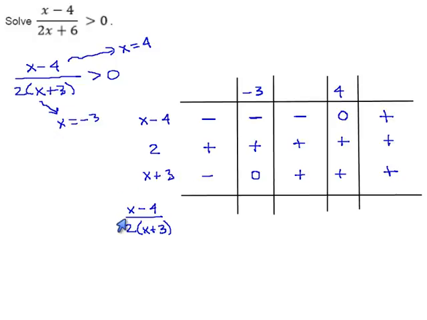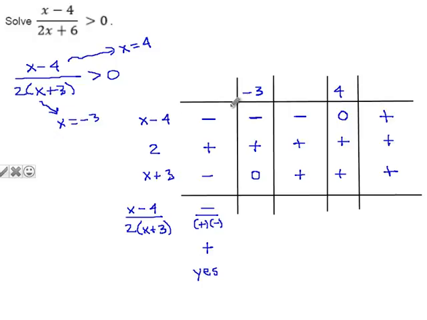Now, what happens when we do this number divided by this number and also divided by this number? For this first one, we get negative over positive times negative, which is negative over negative, which is positive. Is that greater than 0, like we were asking for? Yes.